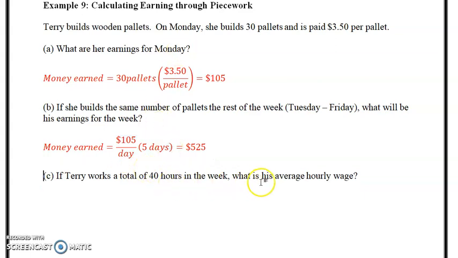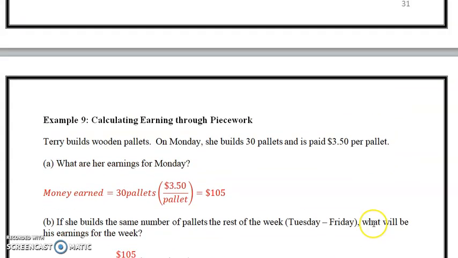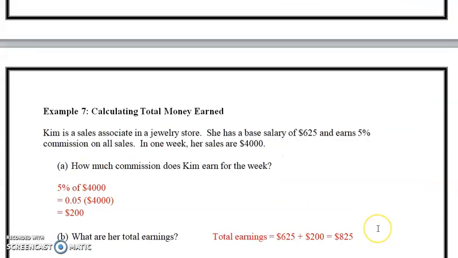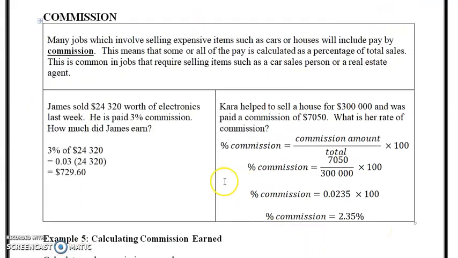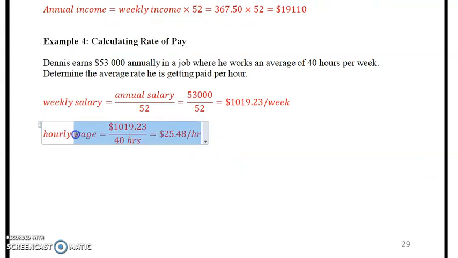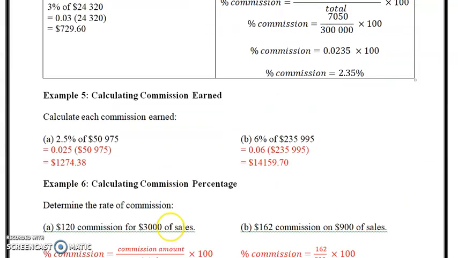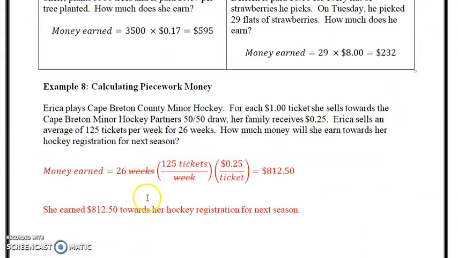If Terry works a total of 40 hours, what is her average hourly rate? So this is what we did earlier, a similar rate. So I'm going to steal that from a previous question. Back up here, hourly wage. And this is the last one, folks.